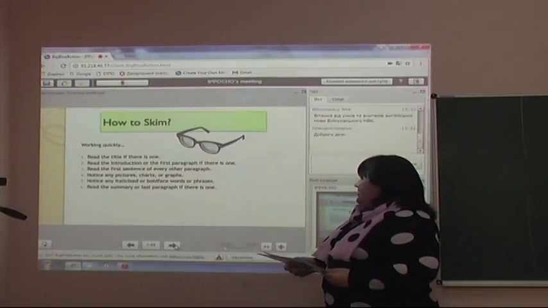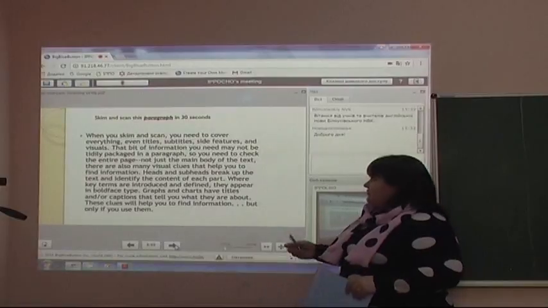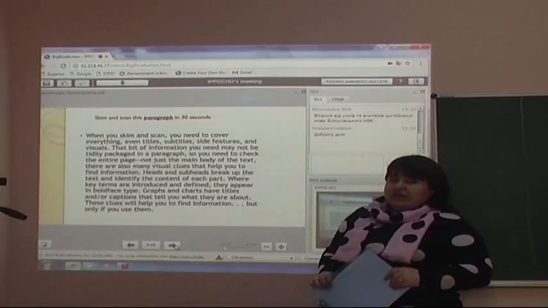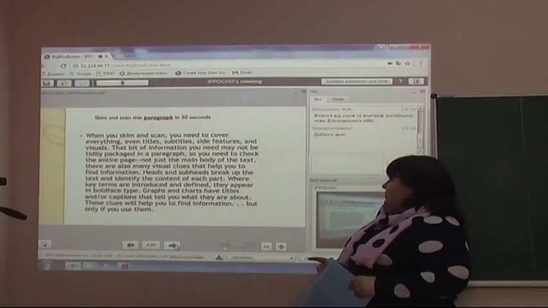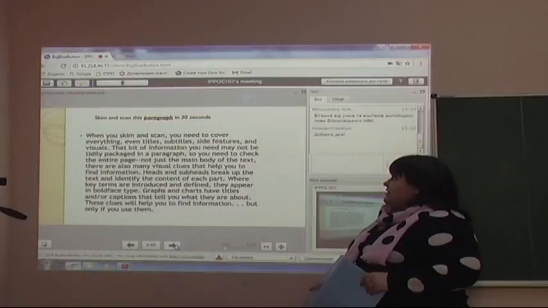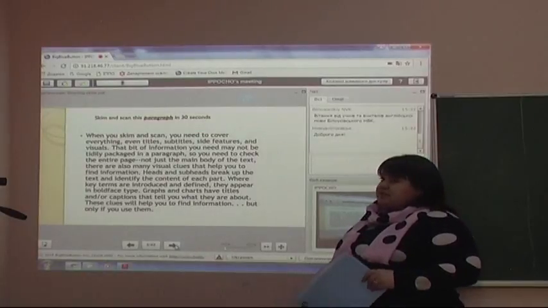And we can see four stages. We can see that we can read a big paragraph in 30 seconds. When you skim and scan, you need to cover everything, even titles.